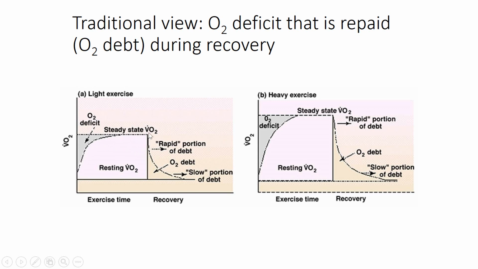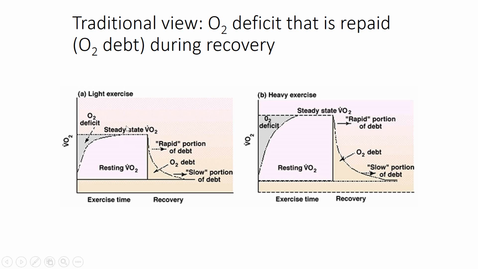It was believed that the same curve over here filled the same geometric space. And so there was this belief that the debt was repaying the deficit. And we know from George Brooks and several other people that that's not a true picture of what's really happening.